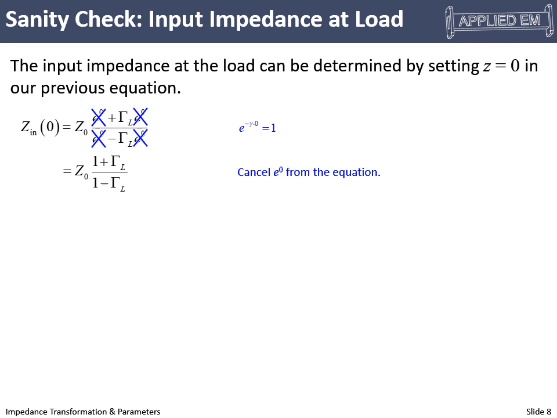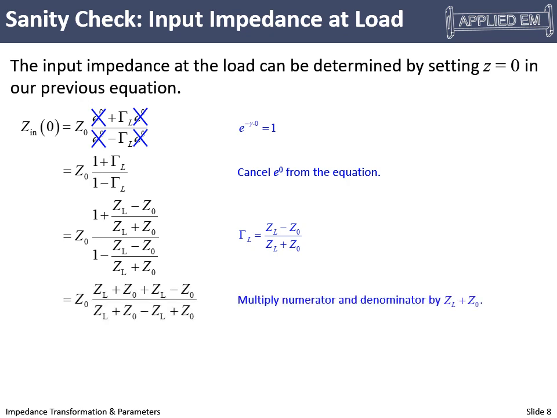At this point, let's replace our reflection coefficient with our equation for reflection at the load. Now we multiply the numerator and denominator by this ZL plus Z0, and that way we don't have fractions in the numerator and denominator, and we end up here.